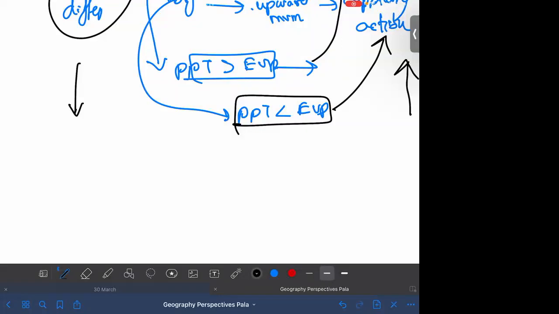Okay, so that's the role played by vegetation. Very important. These are the two active factors. Now we can look at some of the passive factors. First one is parent material.